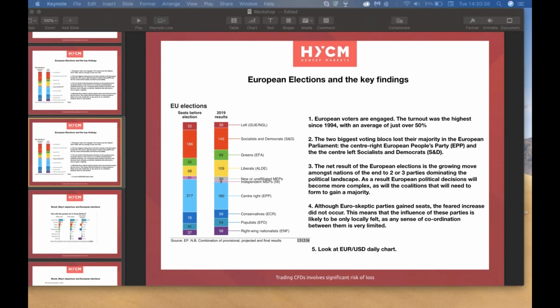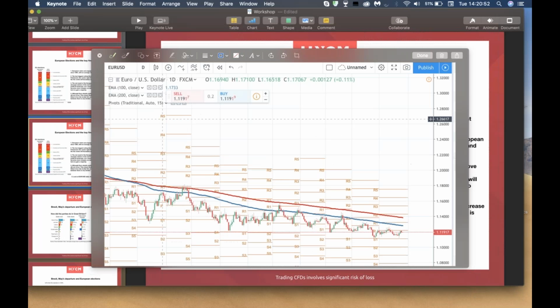Just going to pull up the euro US dollar daily chart. There we go. So price is just sitting underneath 1.12 on the euro US dollar daily chart, just underneath the pivot point on the daily chart. So we can see that the euro US dollar pair is in a downtrend.